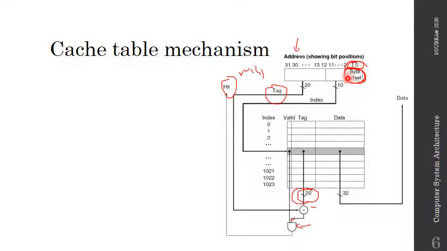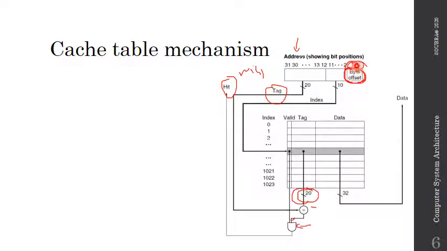So theoretically, if I'm using 10 bits out of the 32-bit address as an index, I'm left with 32 minus 10, so 22. How come I have 20 here for the tag, to be able to compare the words? Well, I have 20 for the simple reason that I'm using 2 bits, remember, for the byte offset within a word.